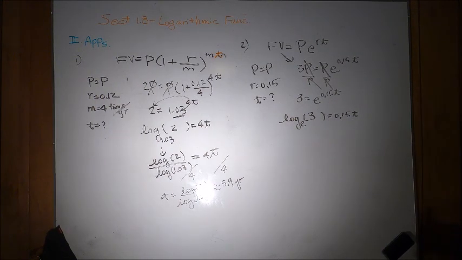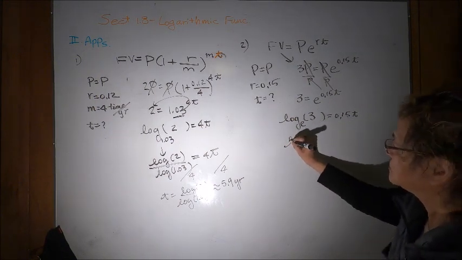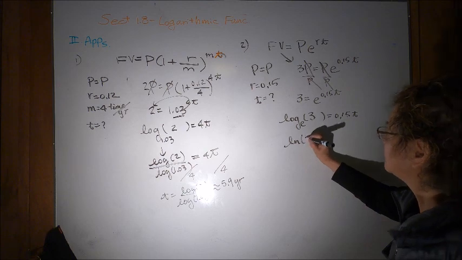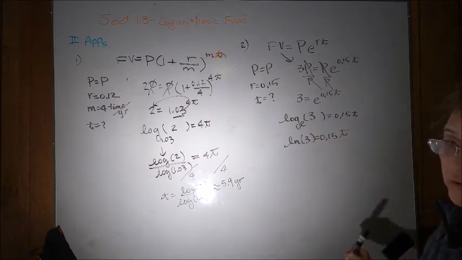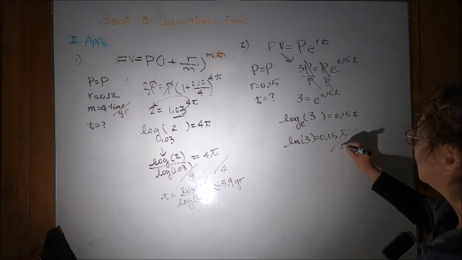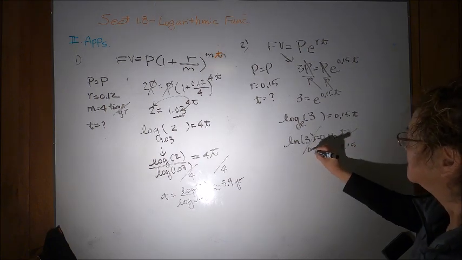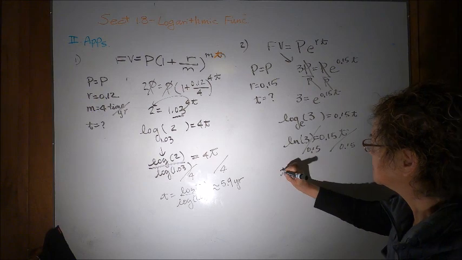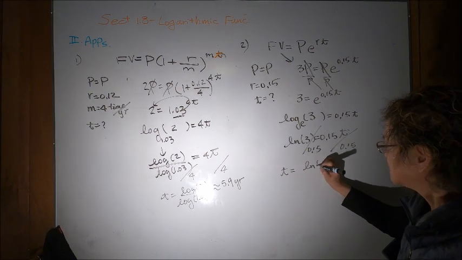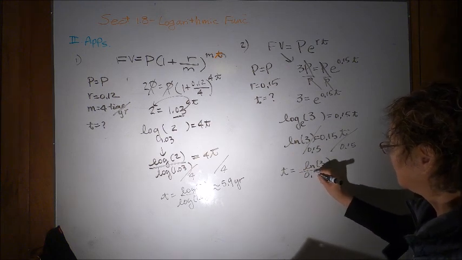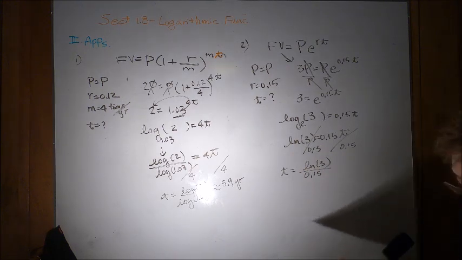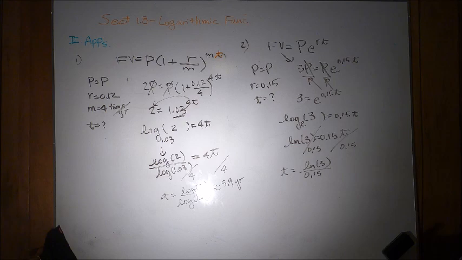That's how we do it. Log e actually is what? Natural log 3 equals 0.15t. How do we find our t? Divide by 0.15, right? So your t would be what? Natural log 3, okay, divided by 0.15.